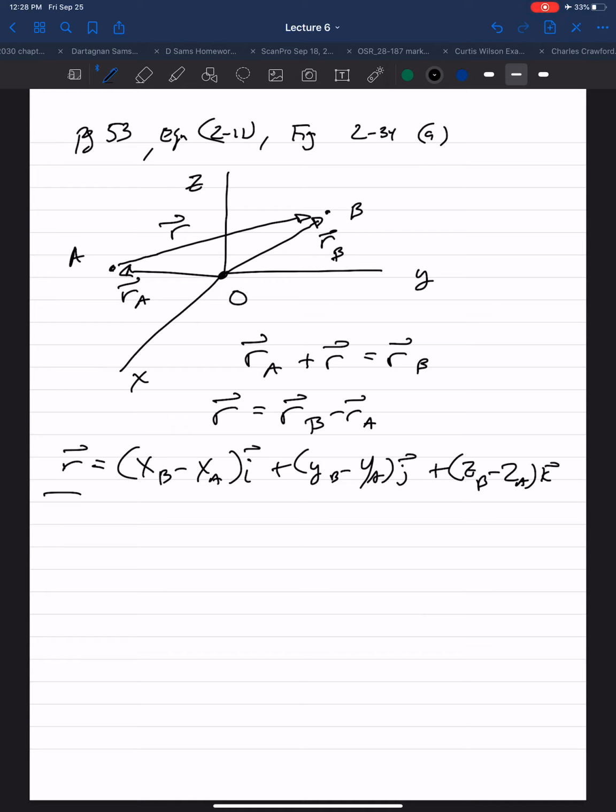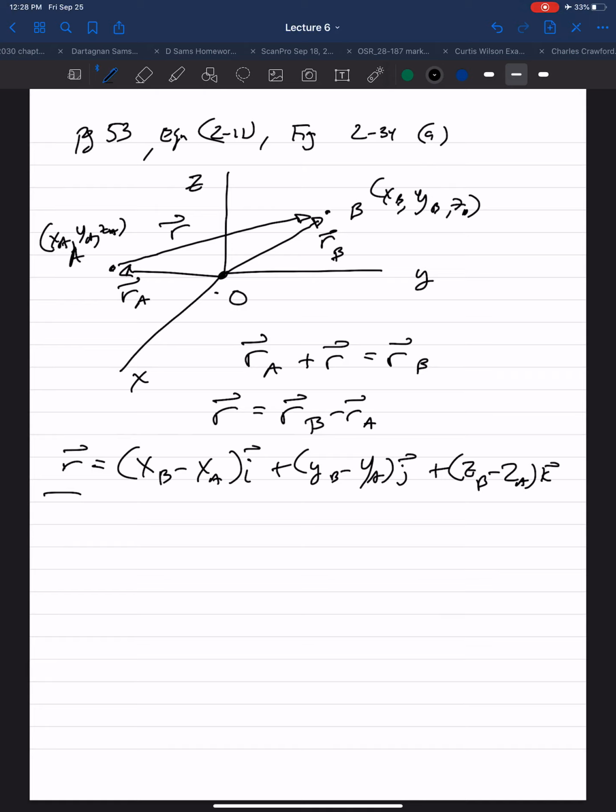The coordinates of A would be X_A, Y_A, Z_A, and of B, X_B, Y_B, Z_B, which means to get from point O to point B, I have to go so much in the X direction, so much in the Y direction, so much in the Z direction. Likewise, to get from the origin to point A. So to get from point A to point B, it's the difference in those coordinates.